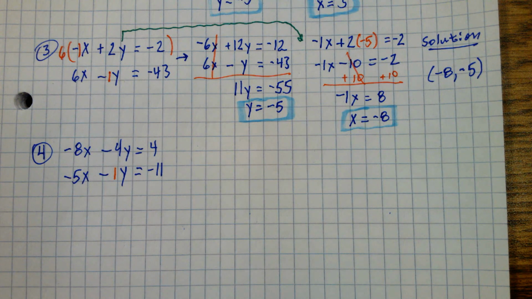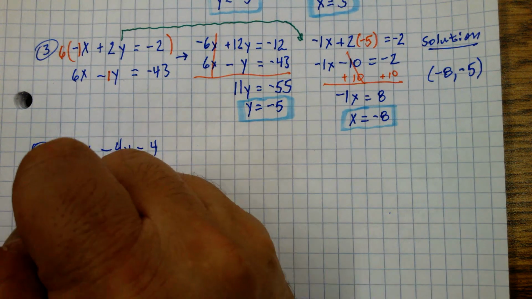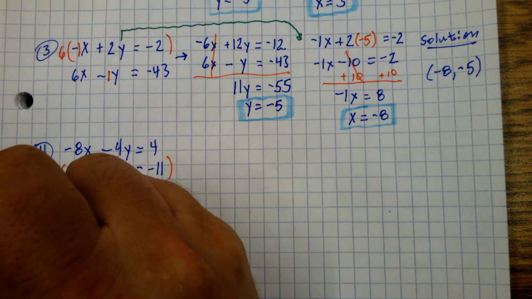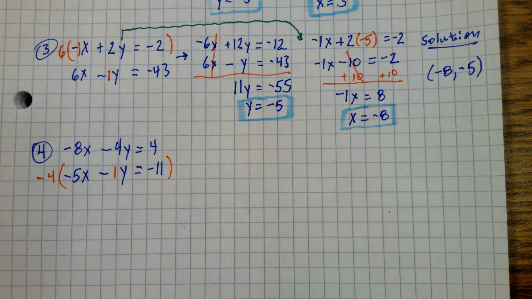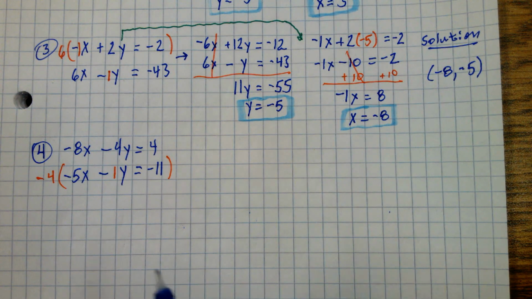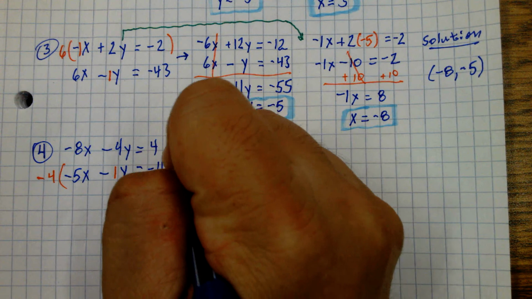Because, hey, with that, just multiply by whatever the other coefficient is, in this case 4, and if they're both the same sign, just make it negative. So the easier path is getting rid of y's by negative 4 there. That's the easier path.